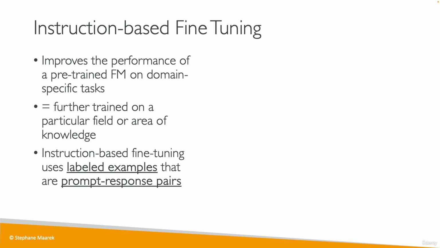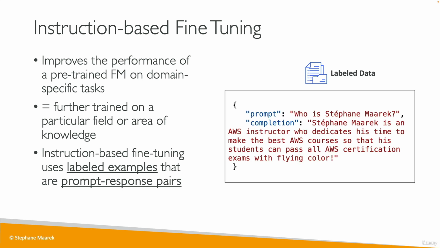The trick you need to look for at the exam is that instruction-based fine-tuning is going to use what's called labeled examples, and they're going to be prompt-response pairs. So it's for labeled data, and the prompt-response pairs look like this. The prompt is, who is Stefan Marek, for example, and the completion, so the response, is, Stefan Marek is an AWS instructor who dedicates his time to make the best AWS courses so that his students can pass all certifications with flying colors.